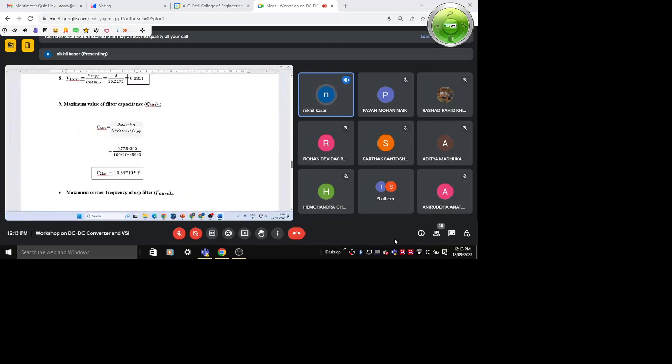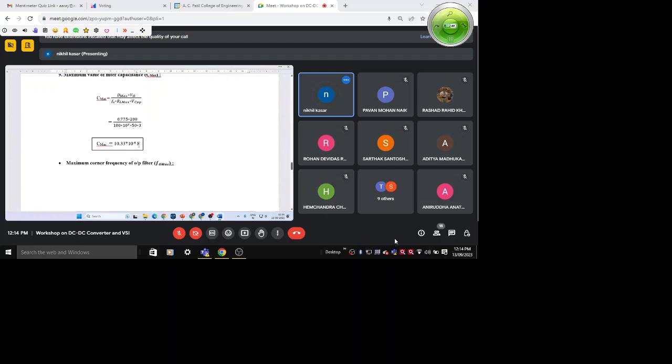Okay, so I substitute all the values, that is 100, and this is RL max, that is 3. If you calculate substituting all the values, it's 10.3 microfarad.